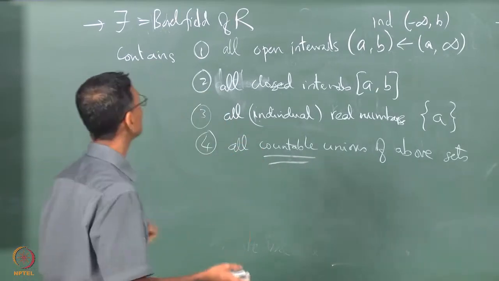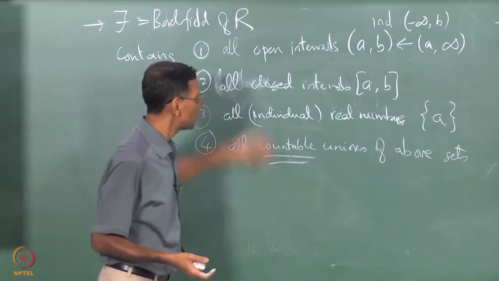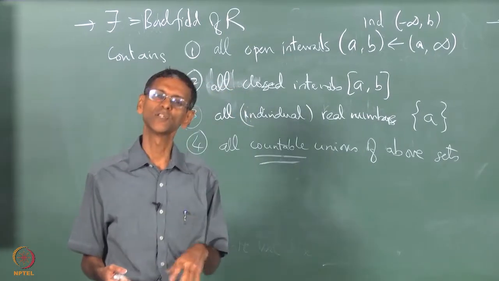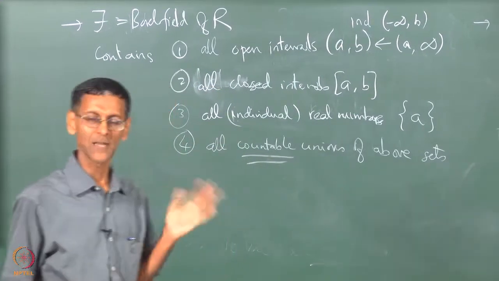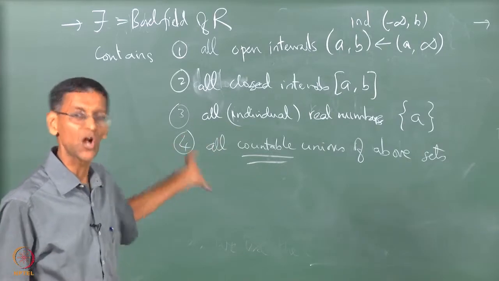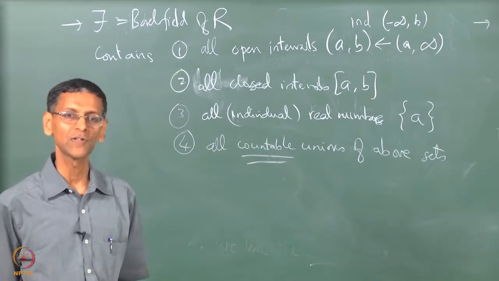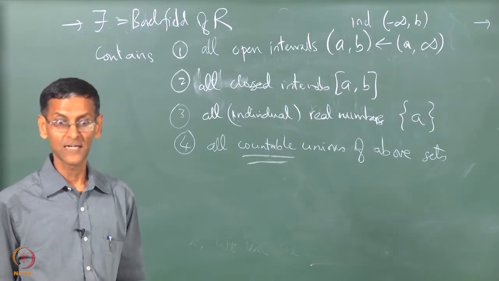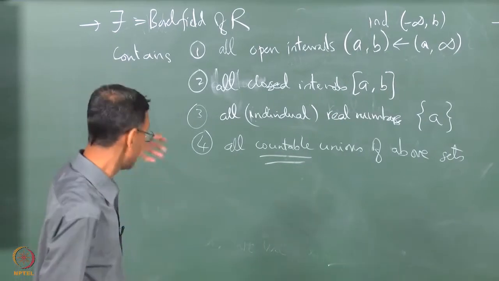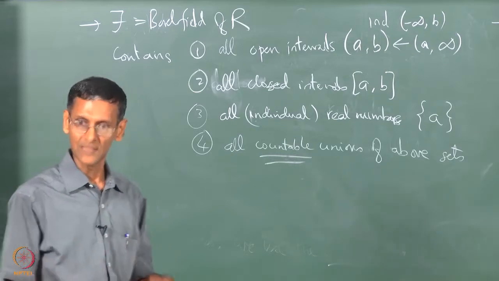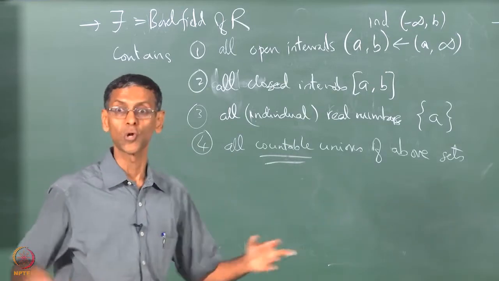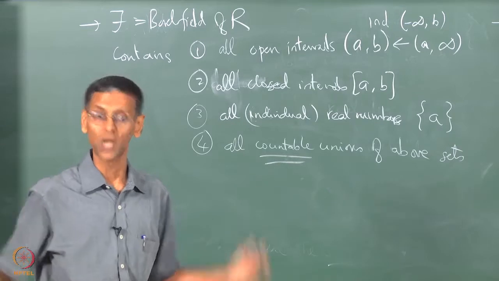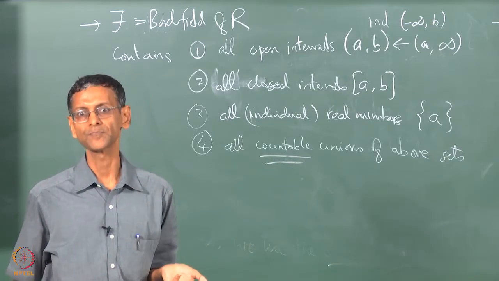So it is in fact very hard to locate a set which is not in this collection. It is actually not easy to construct a subset of the real line which is not in this collection. But apparently such subsets do exist, which is what we alluded to earlier, and the power set of the real line would obviously include those also, but those are not trivial at all to construct, right.